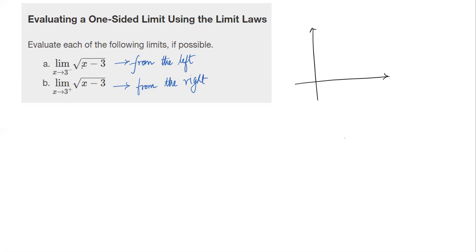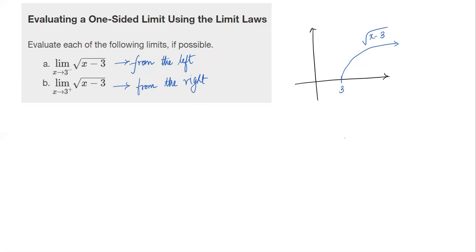So you can see that when we plug in 3 for x, 3 minus 3 is 0, square root of 0 is 0. So that is the starting point. And so you can draw your function at 3, and the function is to the right of 3.